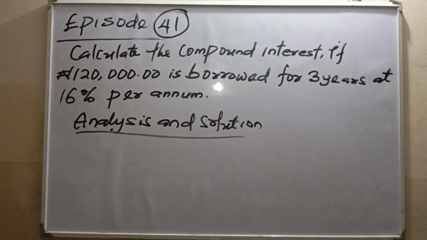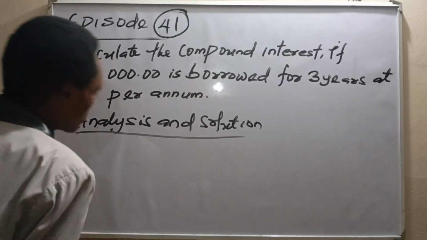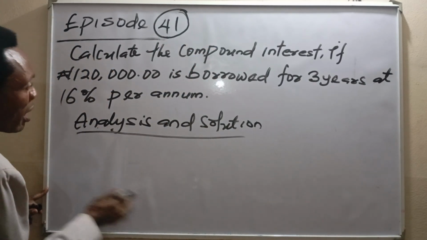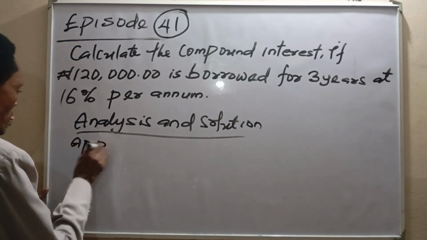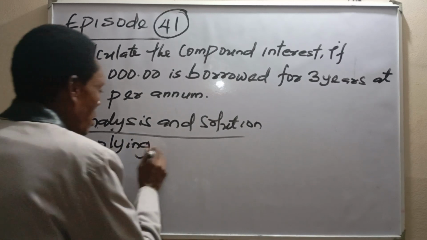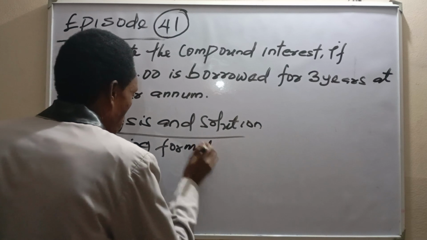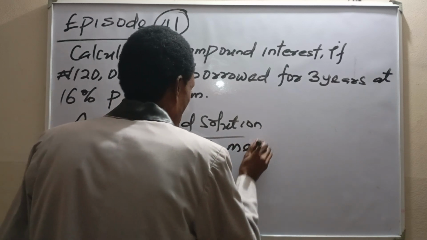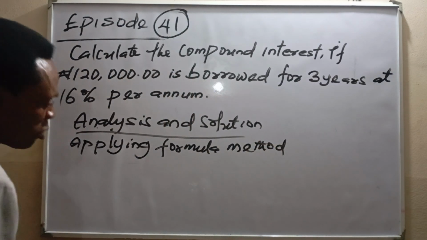So you now apply the formula method in resolving a compound interest. What do we mean by that?